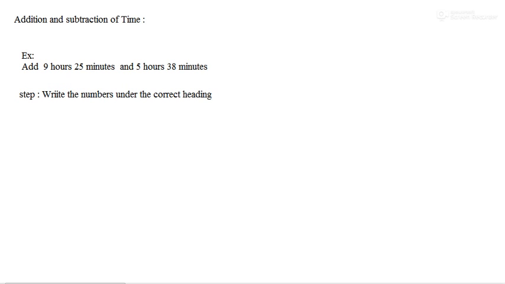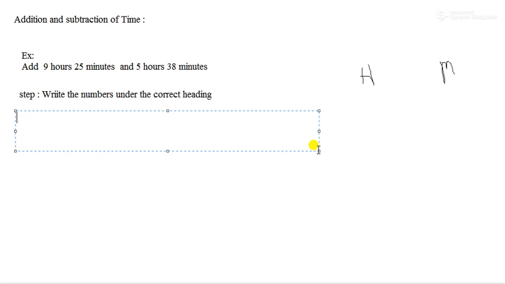So the headings are hours and minutes. So the next step is add the minutes.